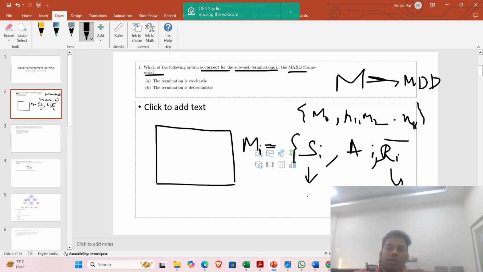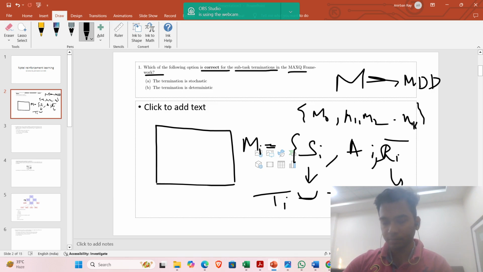Okay, these are the SIs here. So if you reach the termination state of any of the sub machine, it immediately exits, does not take any action, and it's moved to another state which is not inside the smaller machine.